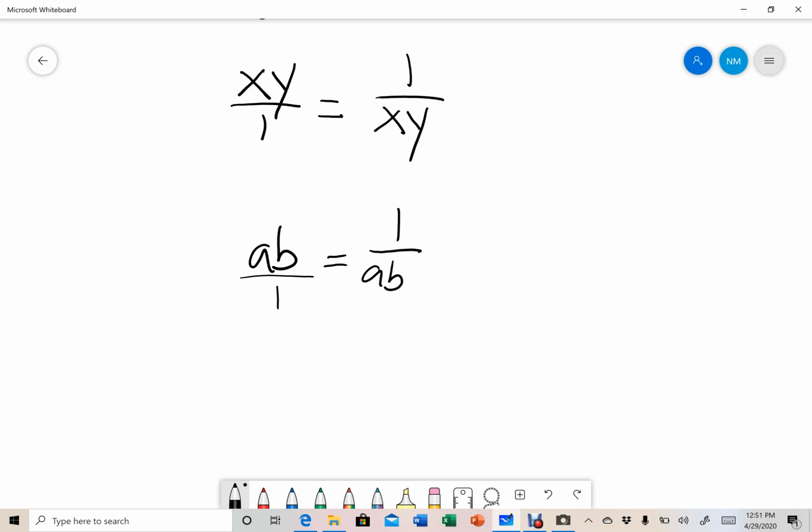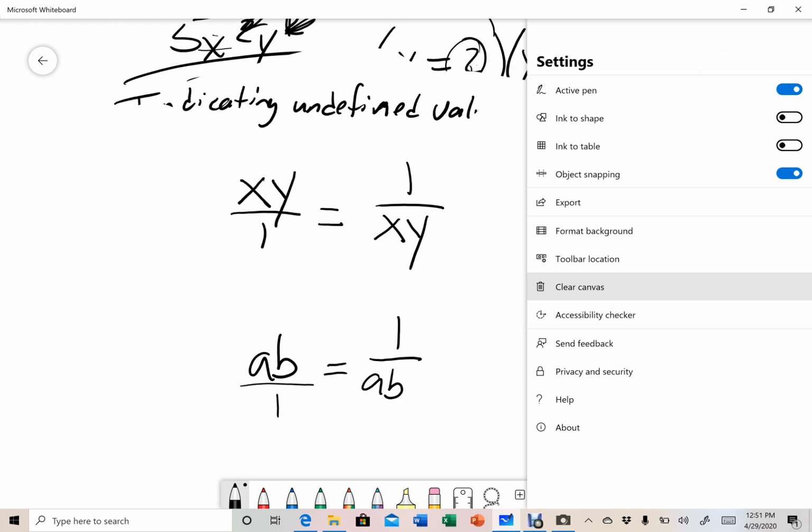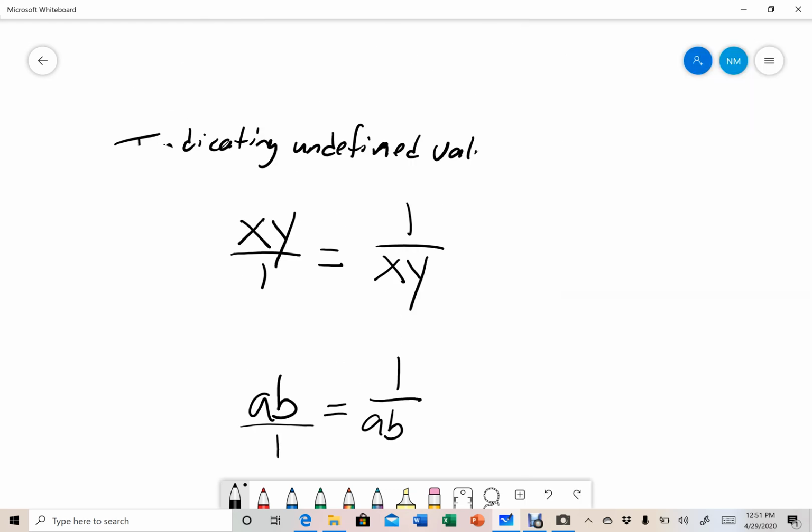8, 9, and 10. So 8, 9, and 10 are multiplying and dividing rational expressions. Here you will be including your excluded values.